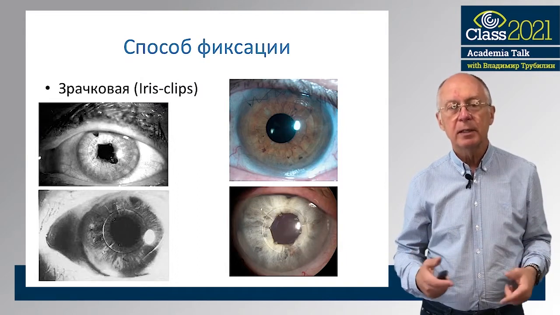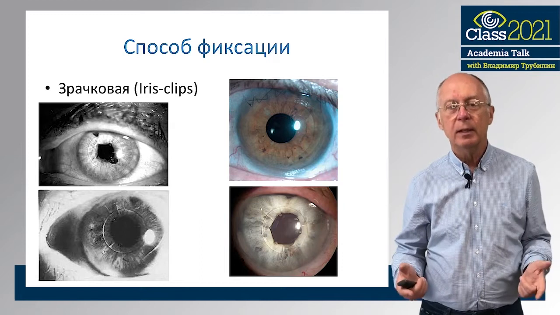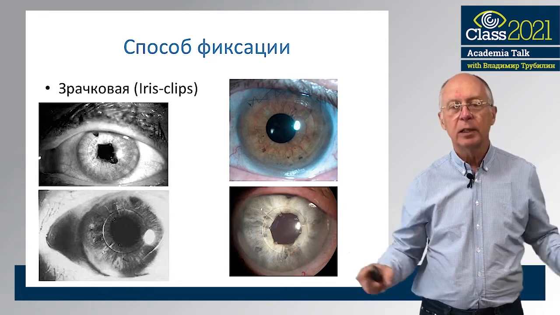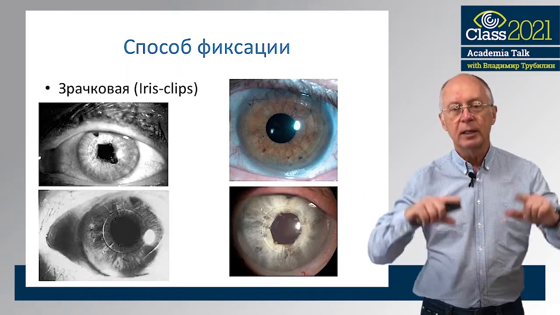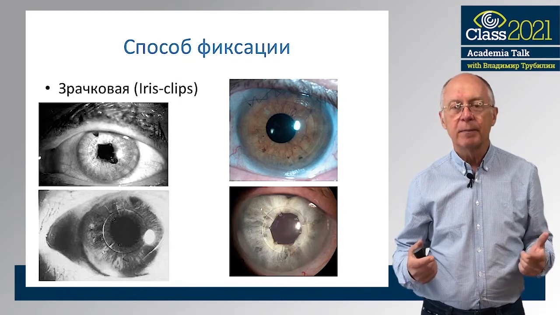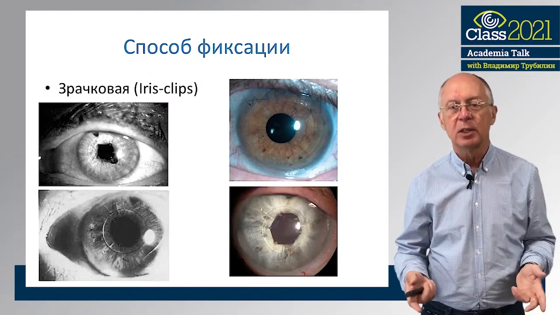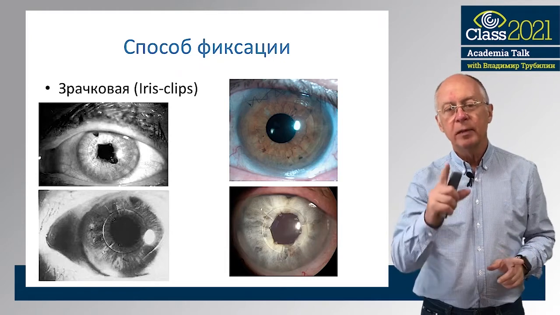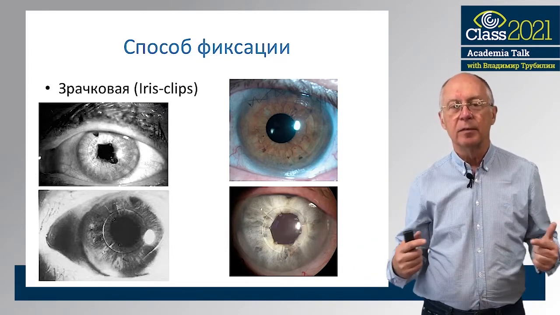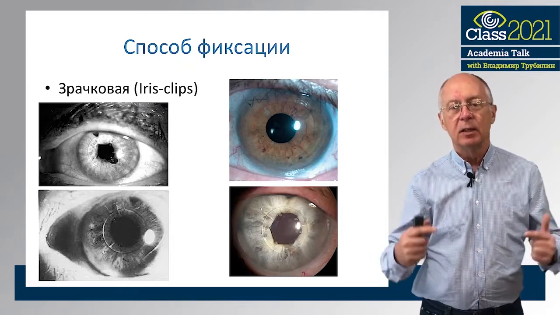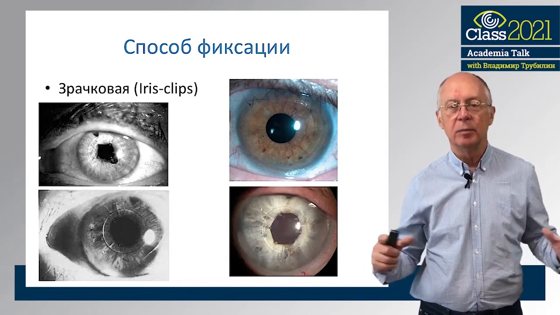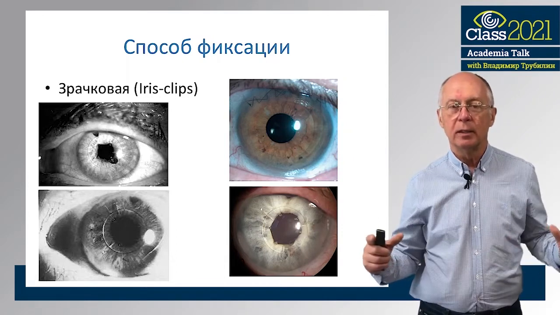To prevent this from happening, Fyodorov changed the design of the lens, introducing three supporting elements in the form of three arches instead of two at the back as it was in the Binkhorst lens. To stop the lens and optical disc from dislocating into the posterior chamber, he added areoles which were sealed at the edge of the optics, allowing the pupil to perform, that's to expand and contract, while the lens was in place.